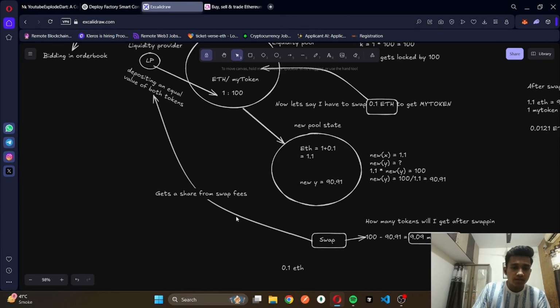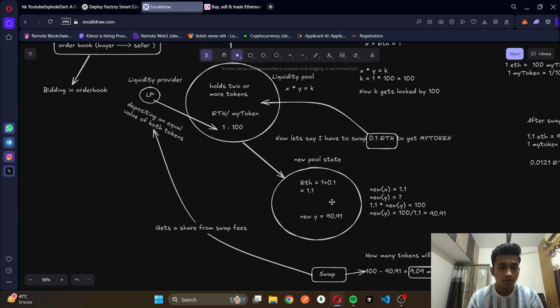And what does this liquidity provider get? The liquidity provider gets the swap fees on every swap that happens in this pool. Isn't it interesting that the liquidity provider is getting a share of the swap fees? So this is how the liquidity provider works.